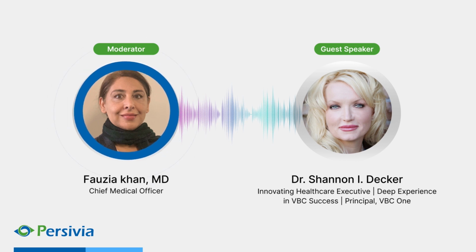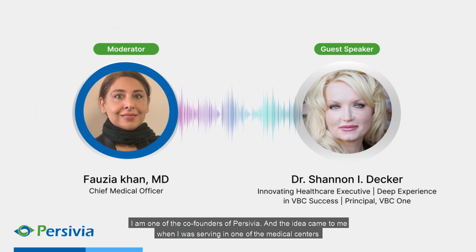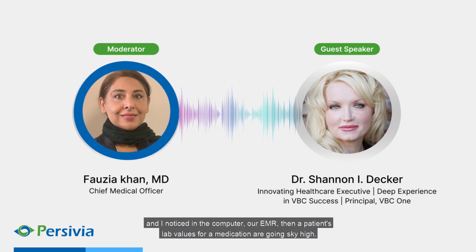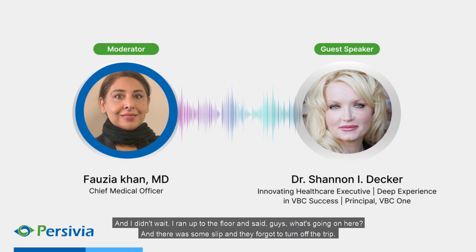I am one of the co-founders of Persivia, and the idea came to me when I was serving in one of the medical centers, and I noticed in the computer or EMR that a patient's lab values for a medication were going sky high. And I didn't wait. I ran up to the floor and said, guys, what's going on here?